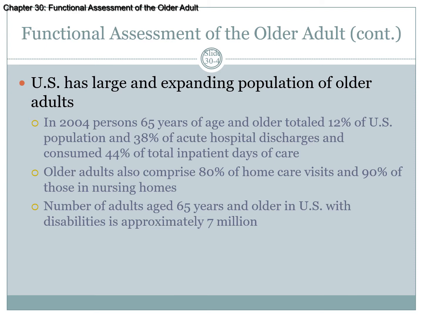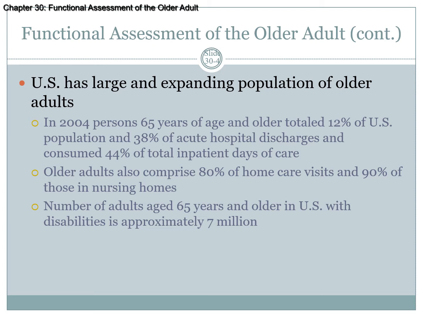Now we know that in the United States, we have a large population of older patients. A large amount of our population is older than 65 years old. And anyone 65 years or older is considered an aging or older adult.